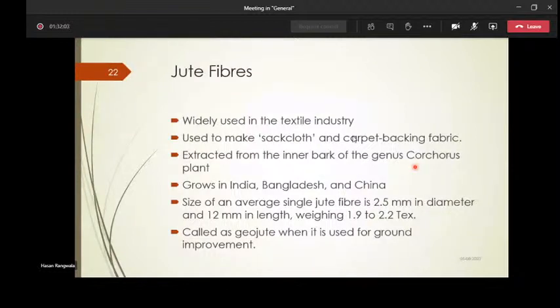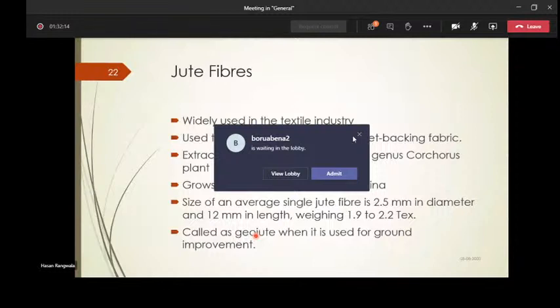So for this particular research, we have used geo fiber. It is also called geojute. Okay, these are some of the engineering properties of this fiber: it was 2.5 mm in diameter and, say, 12.5 mm in length, with a linear density of 1.9 to 2.2.